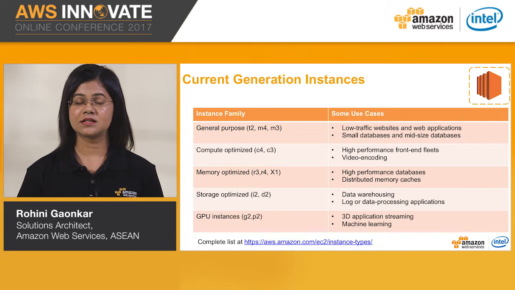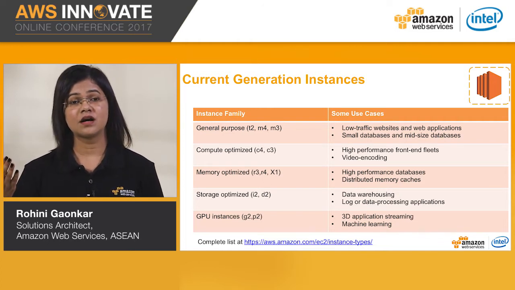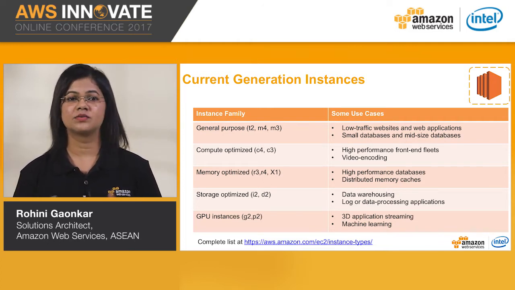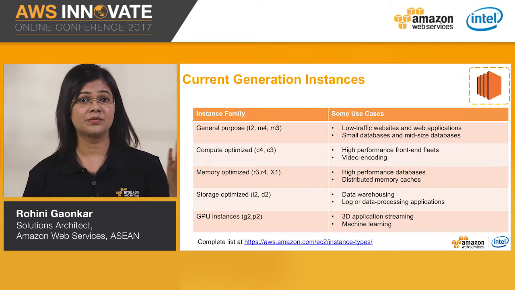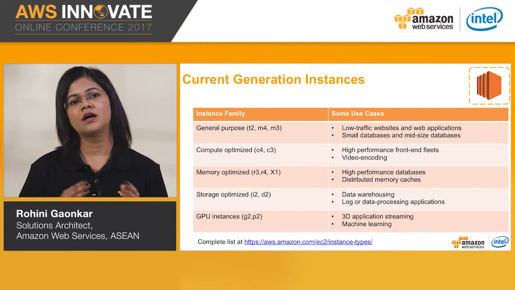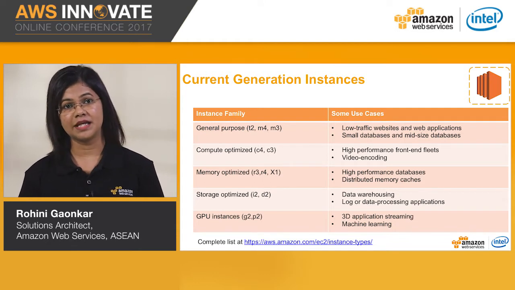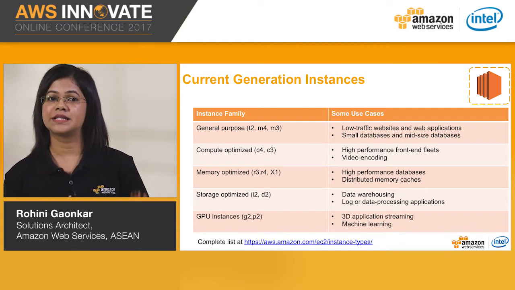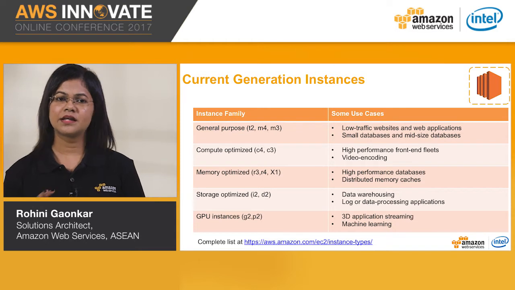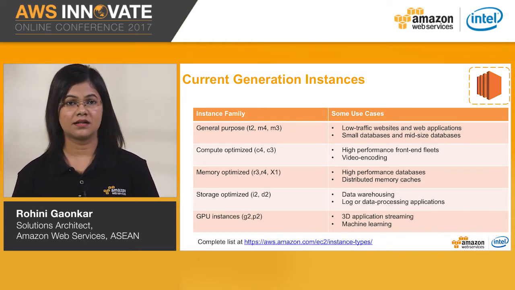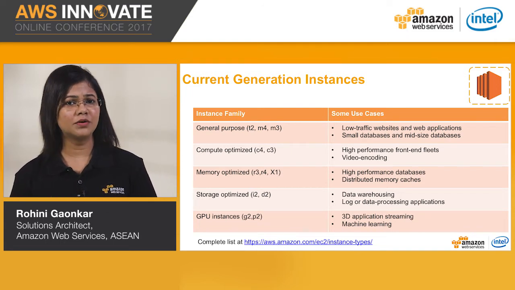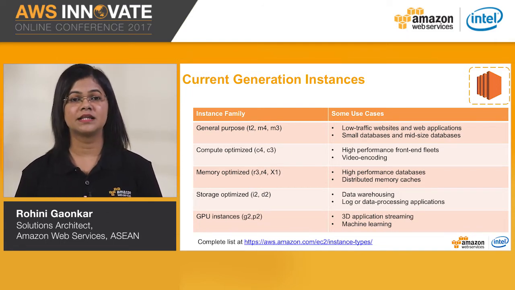High memory instances offer large memory sizes for high throughput applications including databases and memory caching applications. High CPU instances have proportionally more CPU resources than memory and are well suited for compute intensive applications. There are also various high storage and cluster compute instances available. For more information, please refer to the link on the slide.